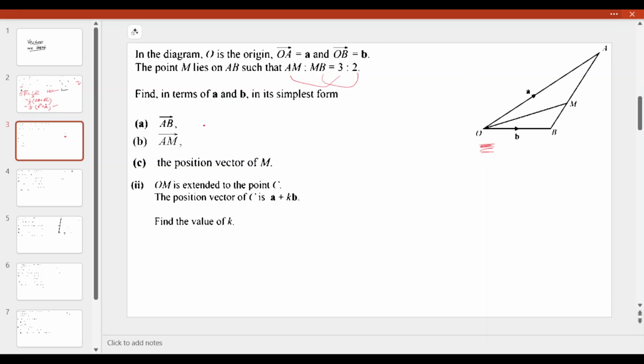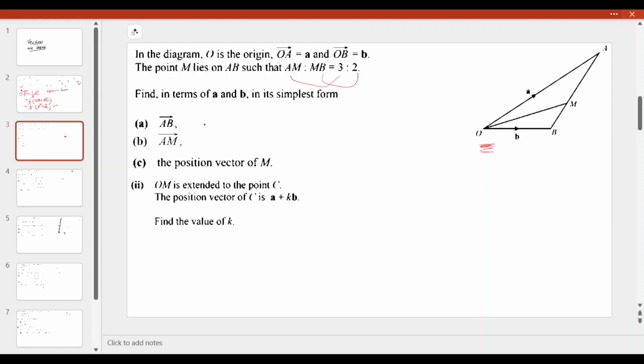So let's start solving this. How can we write the vector AB in terms of the other components? Let's see here in the figure, where is AB? Here is AB.